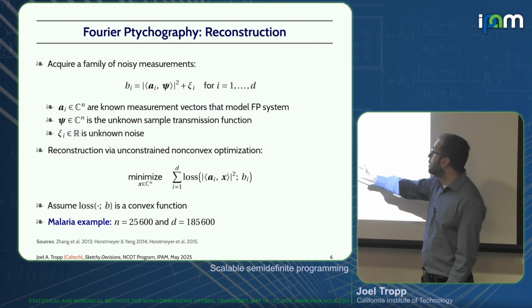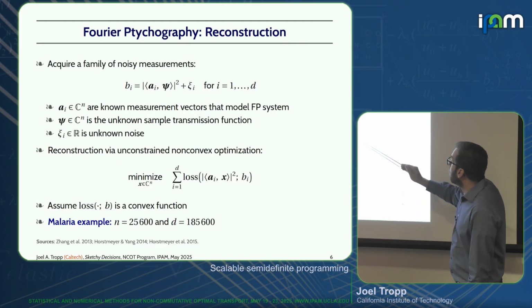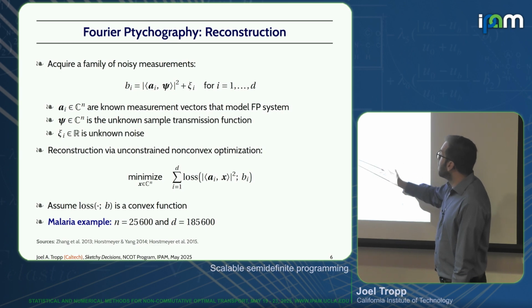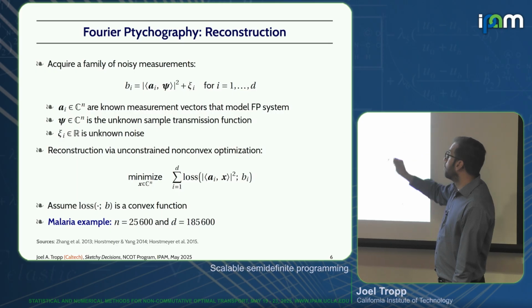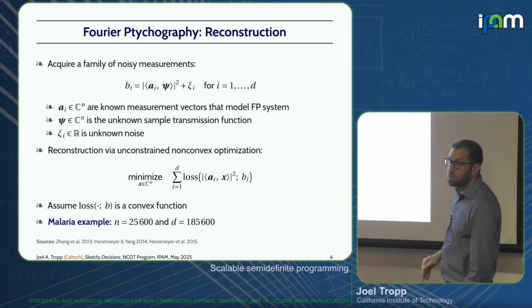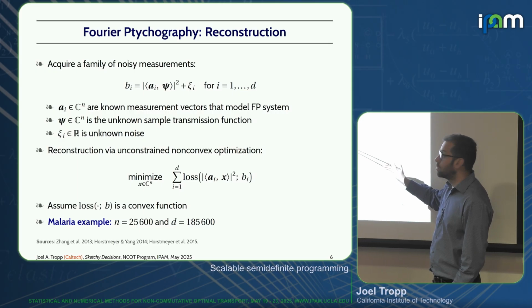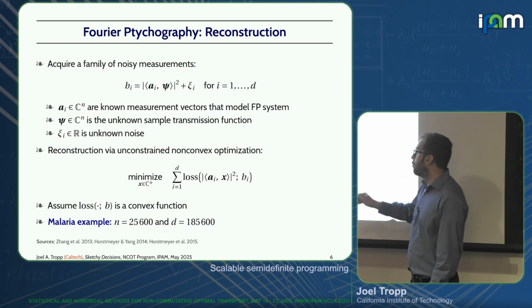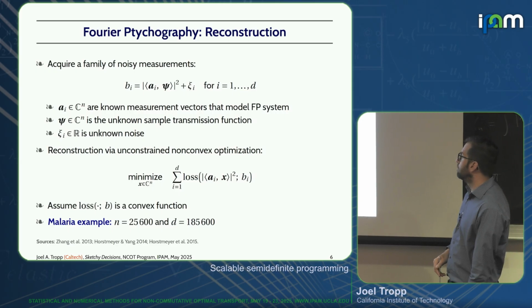So we think about running some unknown vector x through this microscope system, and we try and get a vector x that produces measurements that are as close as possible to the data we've actually recovered. We use a convex loss function to measure that discrepancy between our reconstruction and the recovered data, and we sum that over all of the measurements that we've taken. Okay?